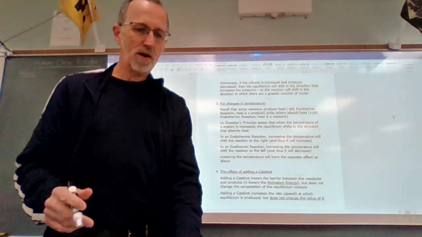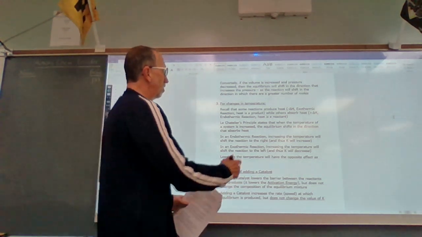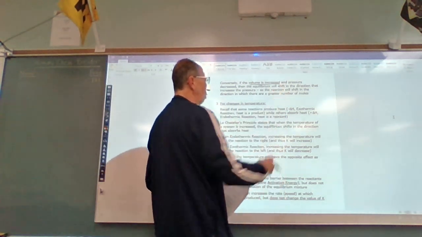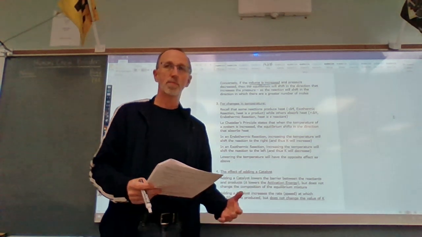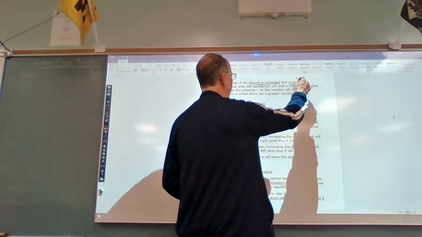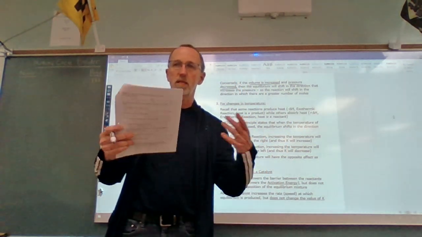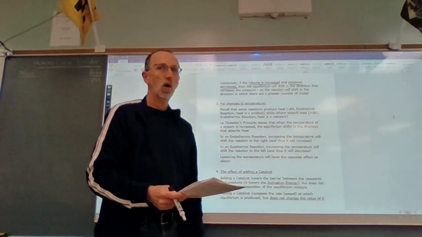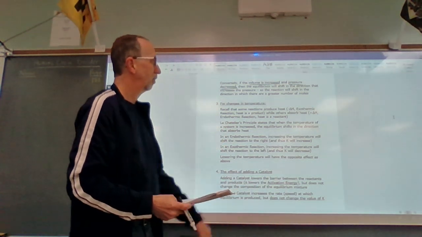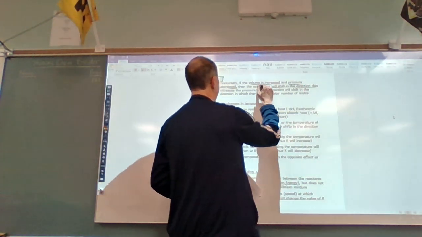All right, so as we move on to the next page, conversely, if the volume is increased, so if we take our reaction mixture and put it in a larger container, then by Boyle's law, the pressure will decrease. And so now the stress is that our pressure is too low. And so thus, the equilibrium is going to shift in the direction that will increase the pressure.